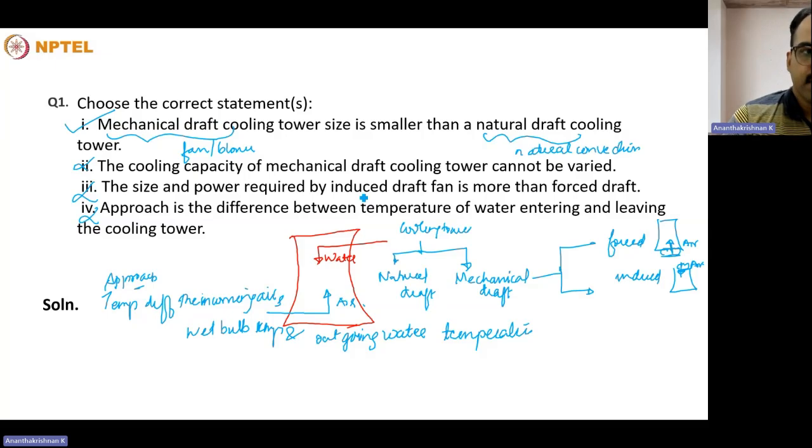So the air will be sucked through, preventing recirculation and ensuring better streamline flow and better cooling capacity compared to the forced draft. So option 3 is also wrong. Size and power required will be less compared to that of forced draft. So option 1 is the only right option in this case.